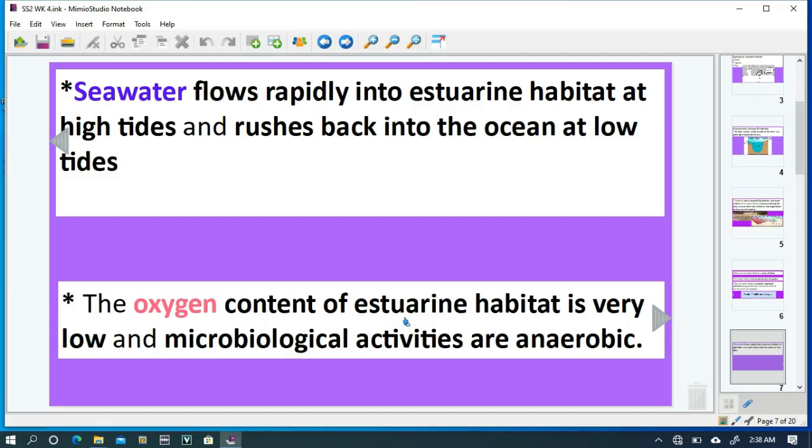The oxygen content of estuarine habitat is very low and microbial activities are anaerobic. That is, organisms that live at that particular level tend to respire anaerobically because they cannot access enough oxygen.